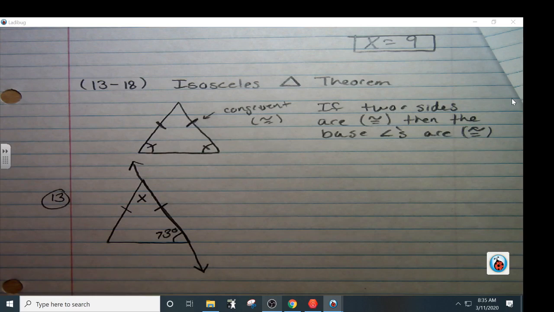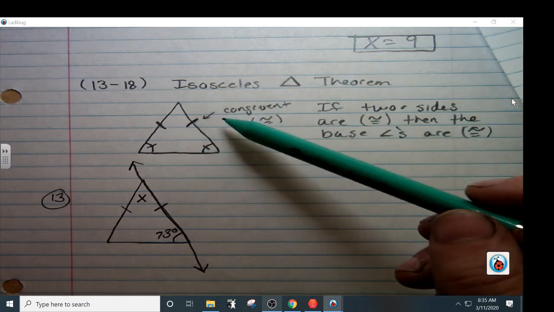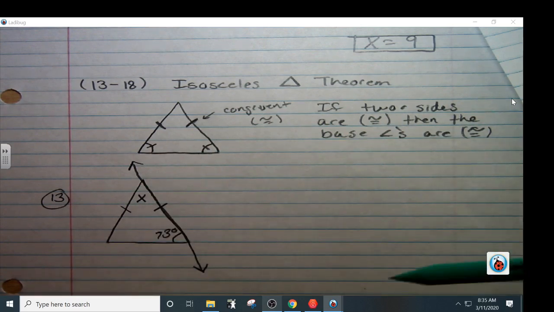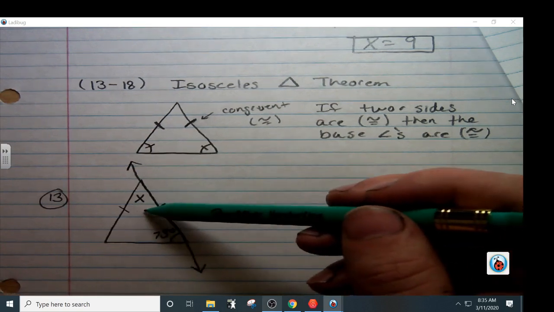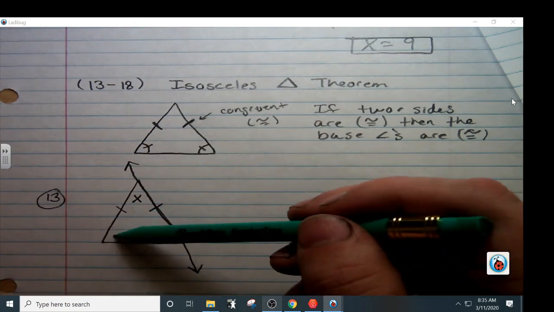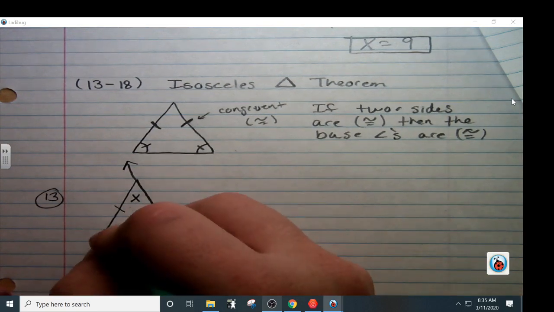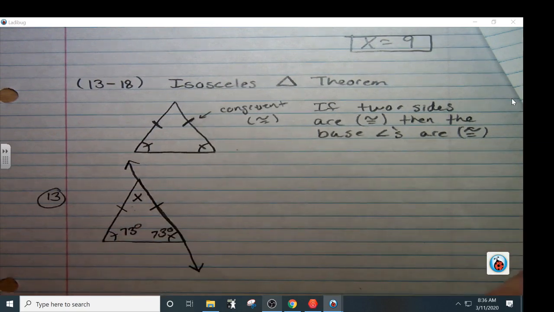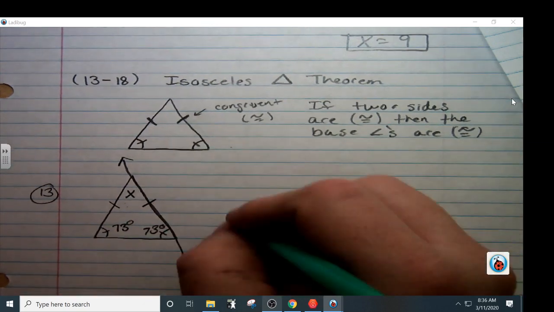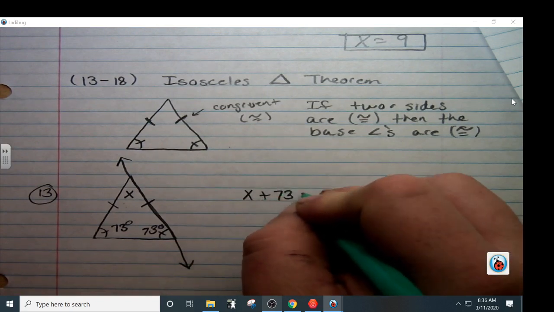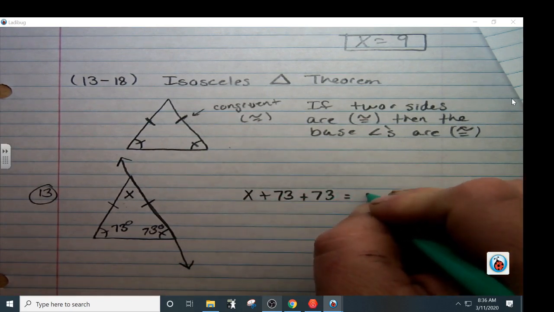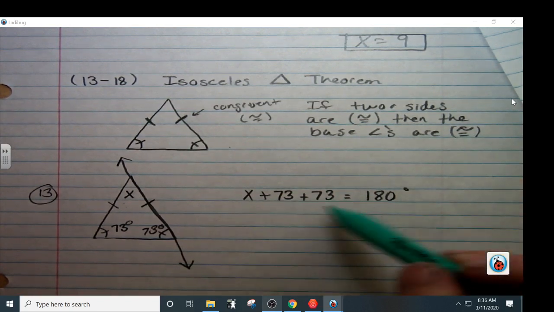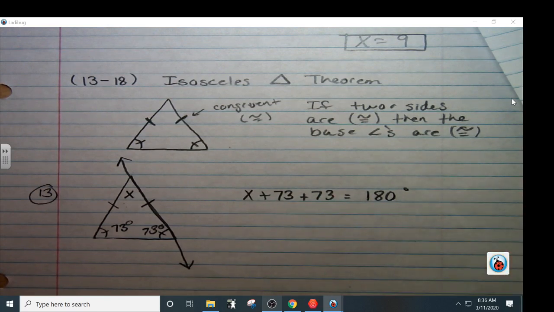Now, guys, if you didn't know the isosceles triangle theorem, you'd be like, "There's no way I can solve for x. I don't have enough angle measurements." But knowing that these two are congruent, what do we know about these two angles? They're the same. So if that's 73, this has to also be 73 because they're congruent. Now, since we know that, it's easy to solve for x because it's going to be x plus 73 plus 73 equals 180. Because, guys, remember, this is triangle sum theorem: all three angles of a triangle are always equal to 180.